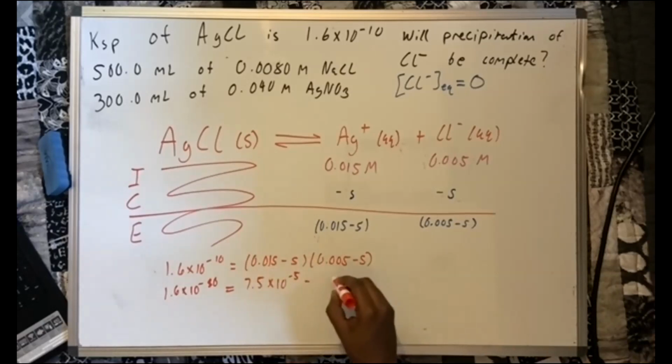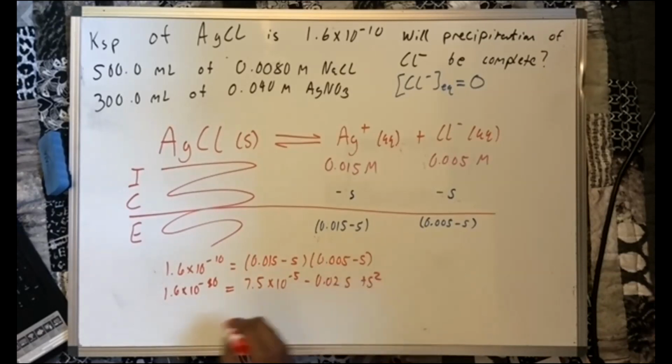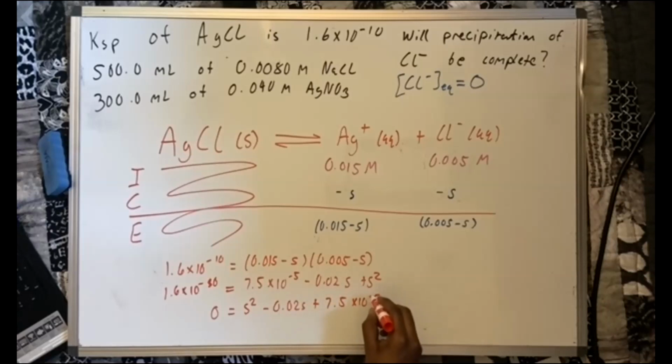And then minus 0.02 S plus S squared. So I get 0 equals S squared minus 0.02 S plus, what's this, minus 10 to the negative 10. Oh, it's the same thing. 7.5 times 10 to the negative 5th, or at least that's what my calculator rounded it to.